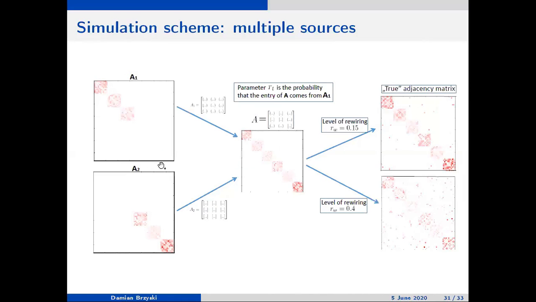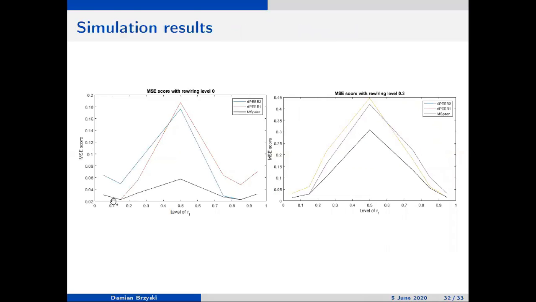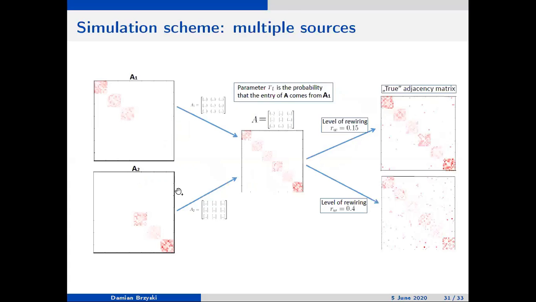At the end, as a result, you have something which is very close to the second matrix. Okay, this is a small confusion: this Ridge 1 is something which uses only the second matrix, and Ridge 2 uses only the first matrix.